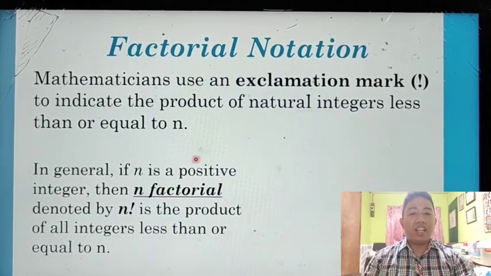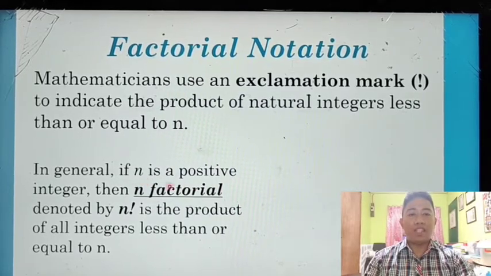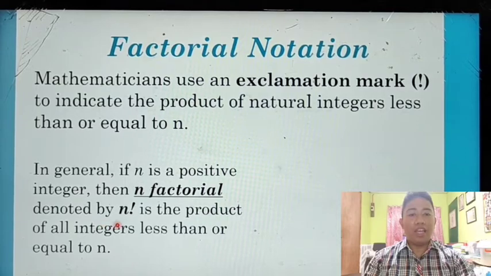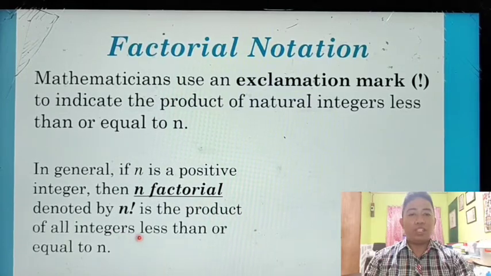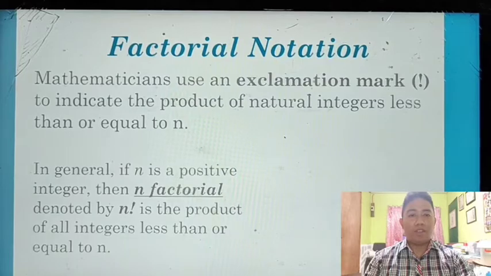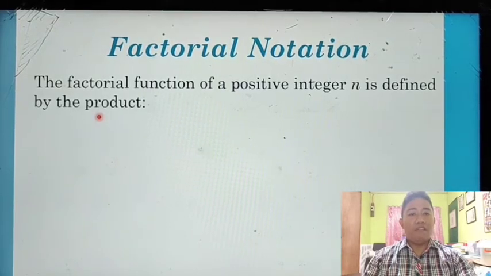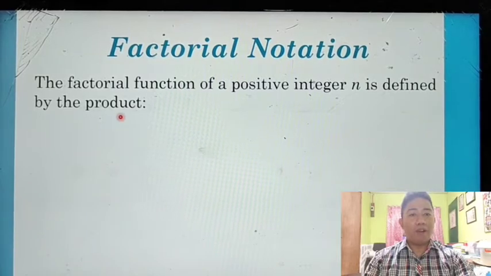In general, if n is a natural number, a positive integer, then n factorial, denoted by n and an exclamation mark, is expressed as the product of all integers less than or equal to the value of n. In short, the factorial function of a positive integer n is defined by the product.